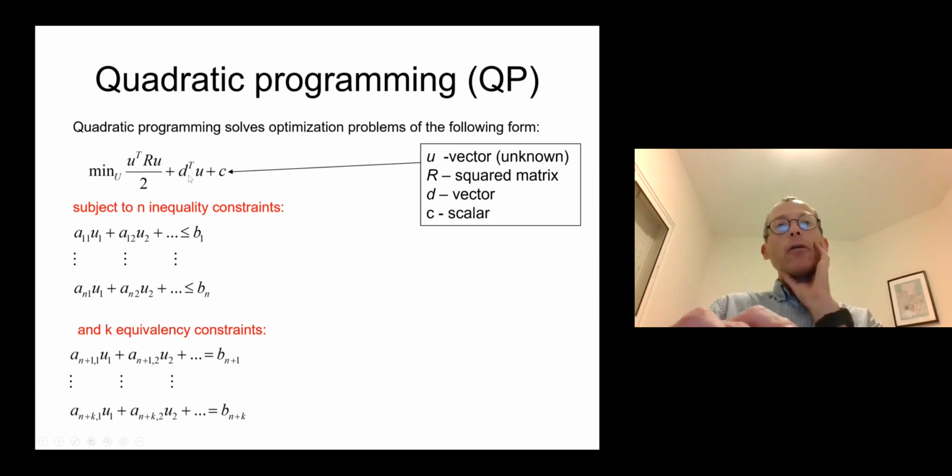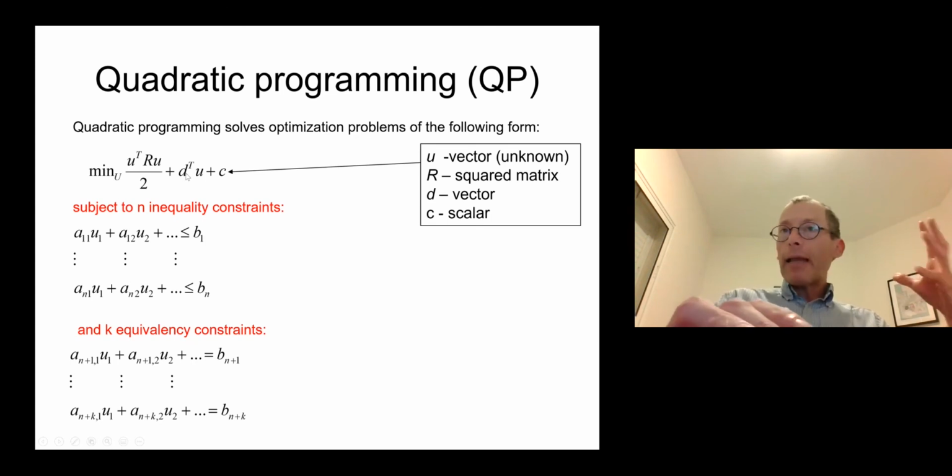And DTU, D is again a vector. This is the quadratic term. This is called the linear term, and C is just some constant. Okay, so this is the minimization part, and this has to be subject to some inequality constraint and some equality constraint. So this is the general formulation of a quadratic programming problem.